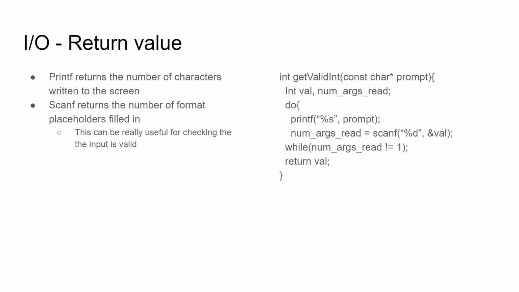And if there were a couple of different things like %d, %d, %d, like 3 %d's, I could get 0, 1, 2, or 3 back, because I could have read 1 of them, 2 of them, 3 of them, or none of them. So as long as it's not equal to 1, keep asking over and over again until they enter an integer. There's some stuff here that's wrong, and this will actually cause an infinite for loop, but we'll try to get into input validation a little bit better in a little bit, probably next week.